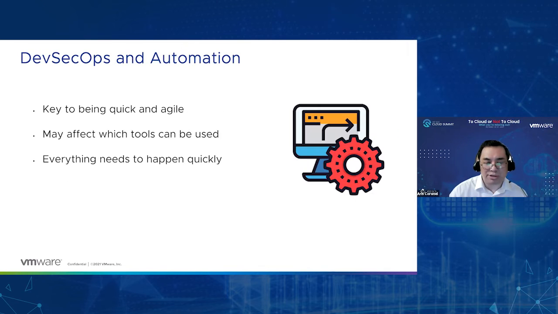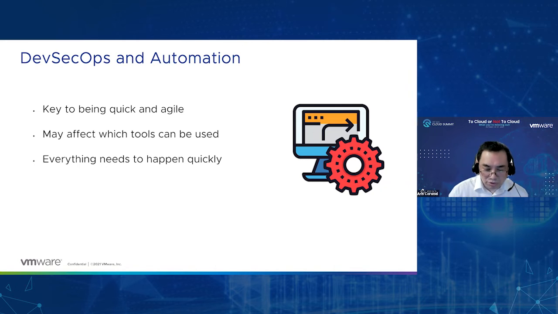Now, as with all DevOps, automation is really, again, the key to DevSecOps. If you want to be agile, you want to be quick, and you want to be able to get rid of all the manual processes that we had before.